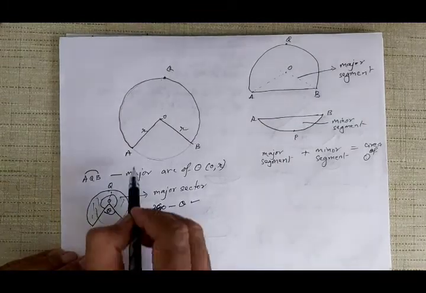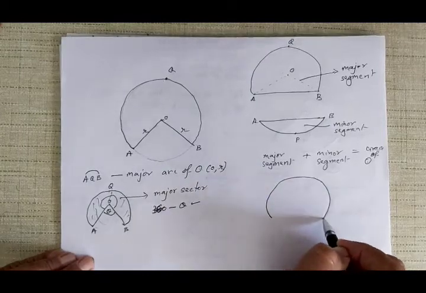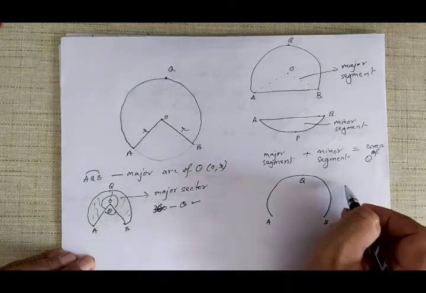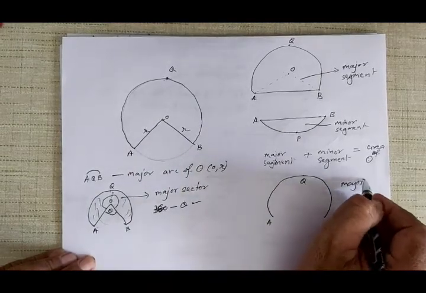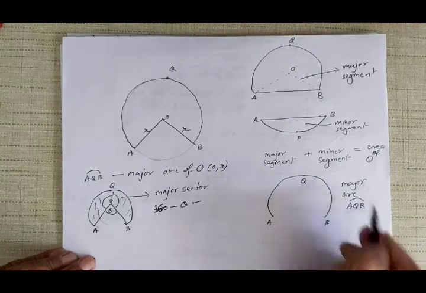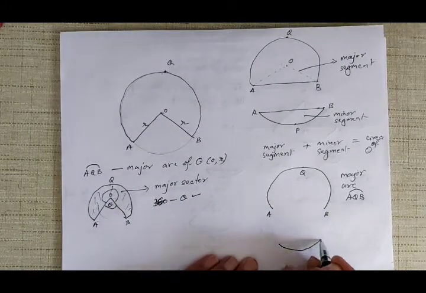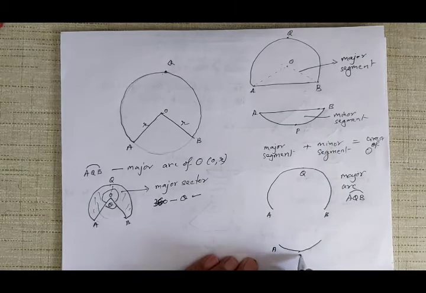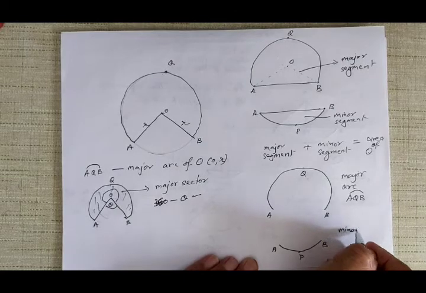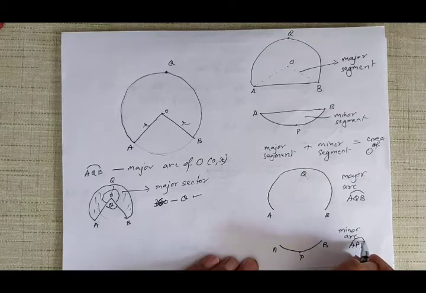Now this one is your major arc. Remember, the major arc is this part only, from A, Q, and B. This is the major arc A, Q, B. And this part, A, P, B, is the minor arc.